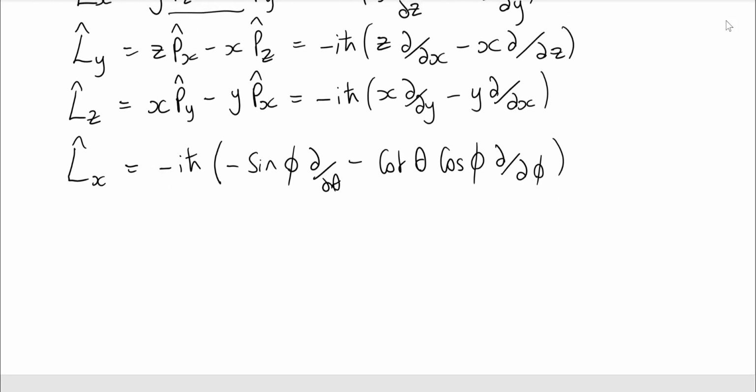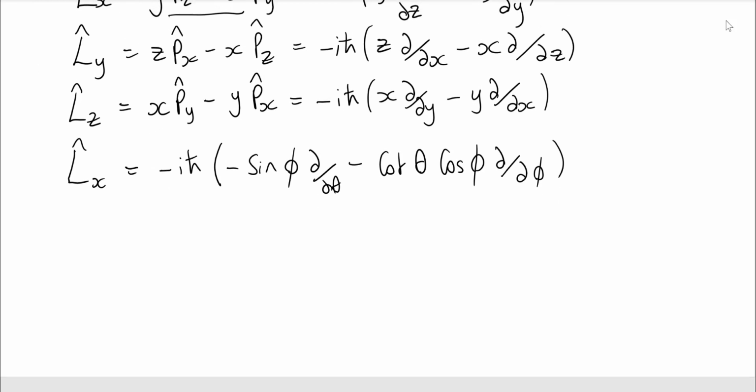Okay. And this one is minus i h bar cosine phi di by di theta.